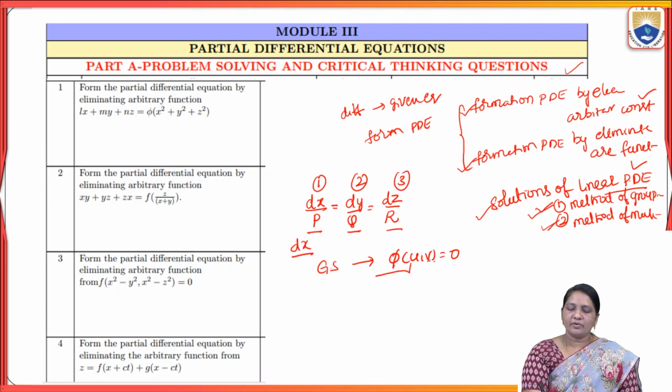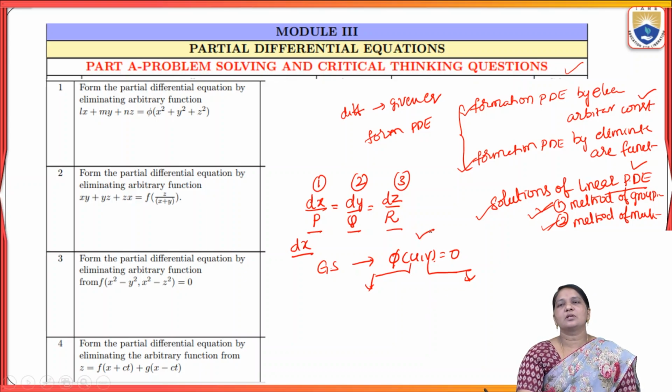Here u is one solution and v is the second solution. To get the general solution, we need two solutions: one is u equal to c1 and the second is v equal to c2.